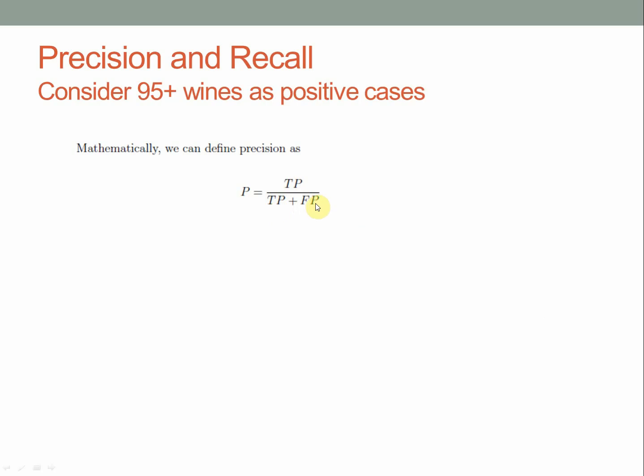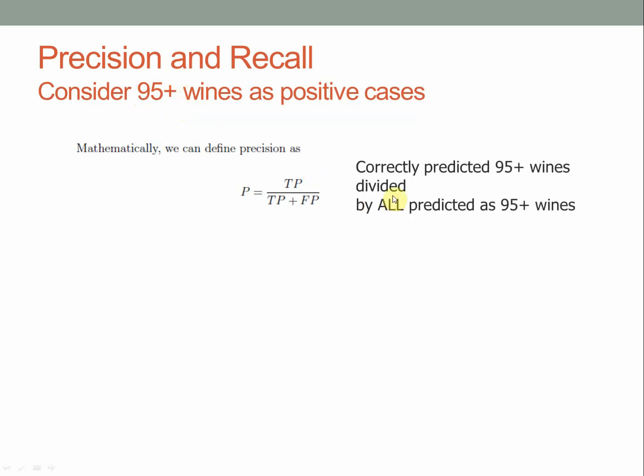True positive plus false positive indicates all the y's that you predict as positive. If we consider 95 plus, which is category 4, as positive, then it indicates how many correctly predicted 95 plus y's there are, divided by all those predicted as 95 plus.